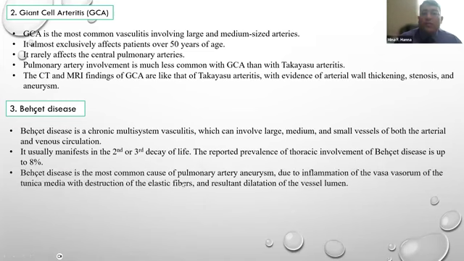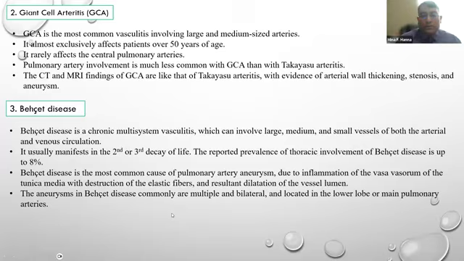Behçet disease is the most common cause of pulmonary artery aneurysm, due to inflammation of the vasa vasorum of the tunica media with destruction of the elastic fiber resulting in dilatation of the vessel lumen. Multiple aneurysms, bilateral, located in the lower lobe pulmonary arteries or main pulmonary arteries.